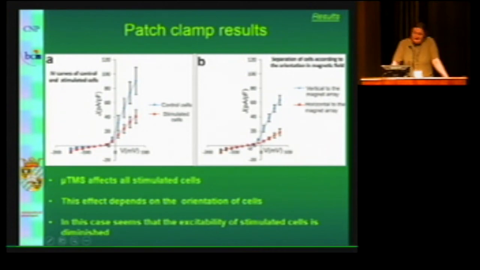And this decrease is actually dependent on the orientation of cells to the 2 magnets. So you have 2 magnets, and cells that are oriented like this will have different IV curves than cells that are oriented parallel to the line of the 2 magnets.